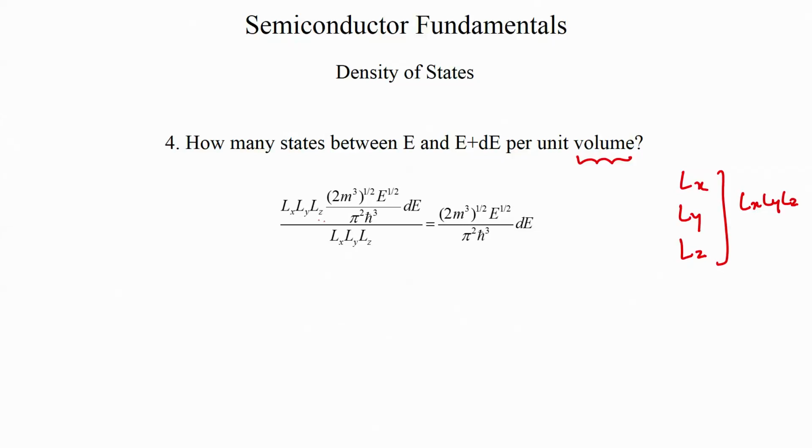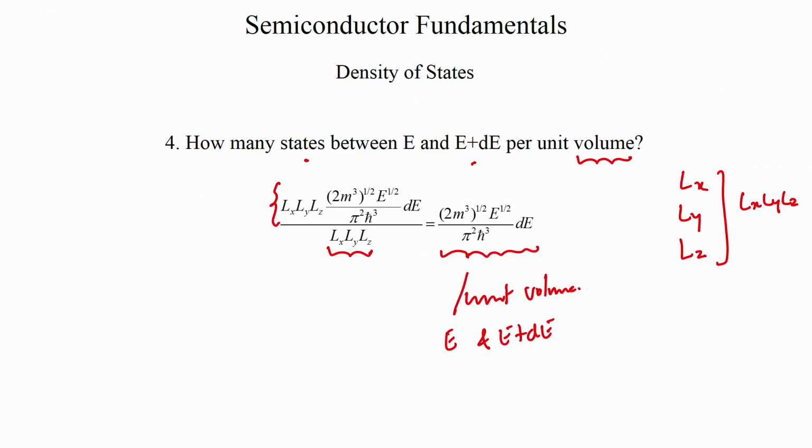And therefore this numerator here is the number of solutions to Schrodinger's equation, or the number of states between E and E plus dE, and this is the volume of the box. And therefore the number of states between E and E plus dE per unit volume is simply that divided by the volume of the box, and that gets rid of the Lx, Ly, Lz terms, and you have these many states sitting per unit volume and between E and E plus dE.